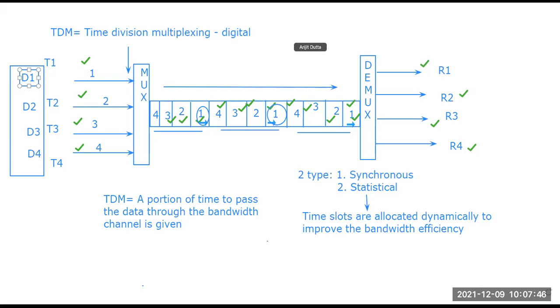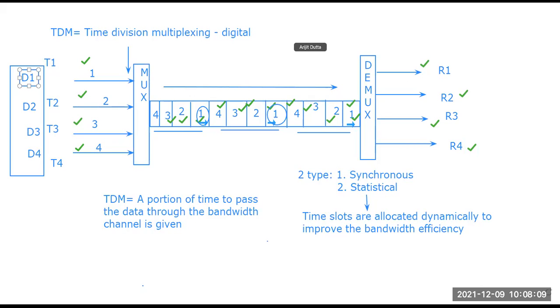So in this scenario, if you are talking about the basic difference between synchronous and statistical TDM, what can the difference be? Can anyone tell me what the basic difference between synchronous and statistical TDM is? Anyone?